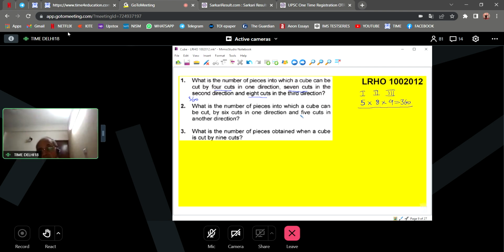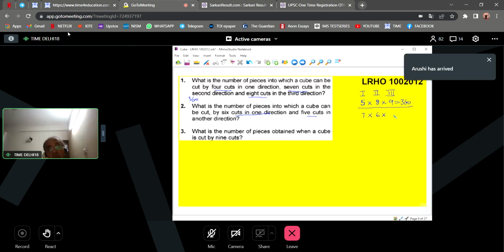The answer is 360. The second question: what is the number of pieces into which a cube can be cut by 6 cuts in one direction? 6 cuts in one direction, that means 7 pieces in that direction, into 5 cuts in the other direction, that means 6 pieces in that direction.